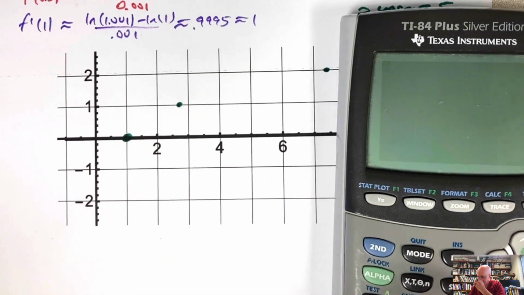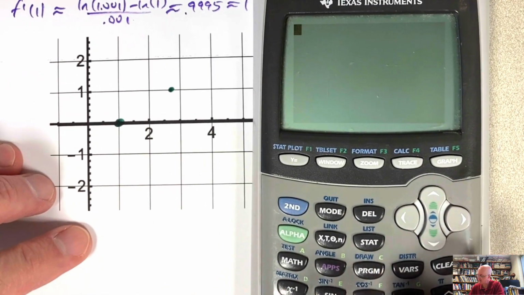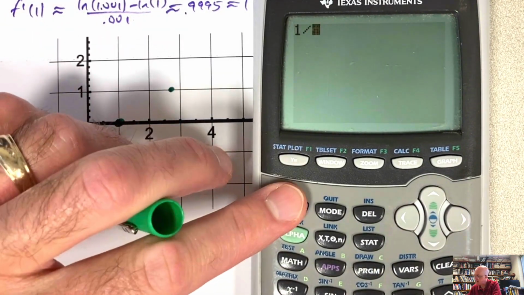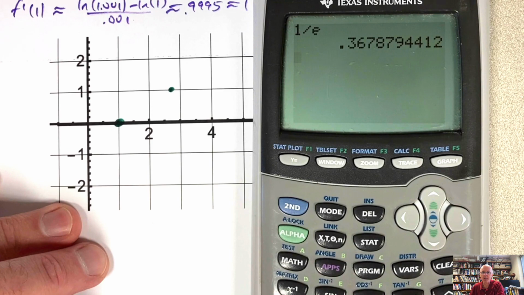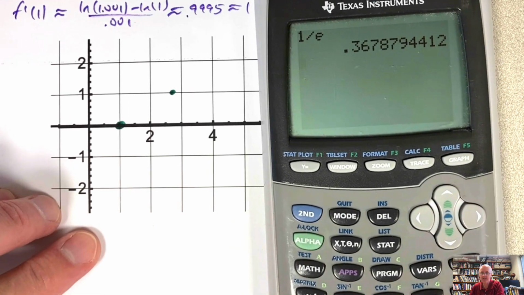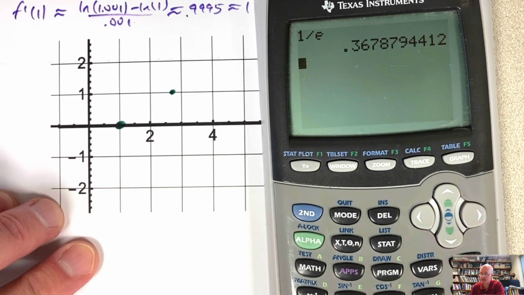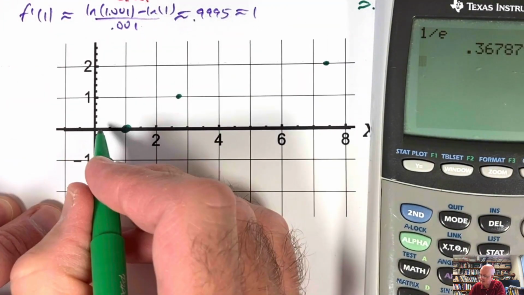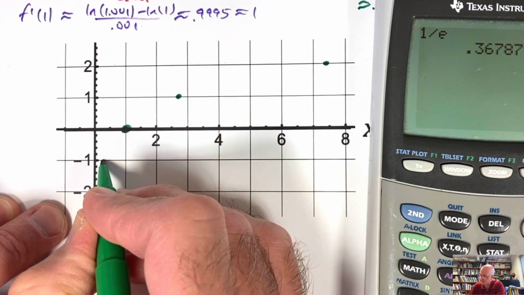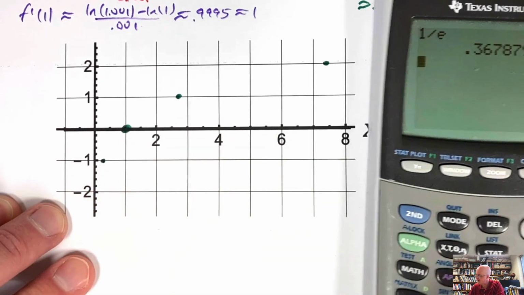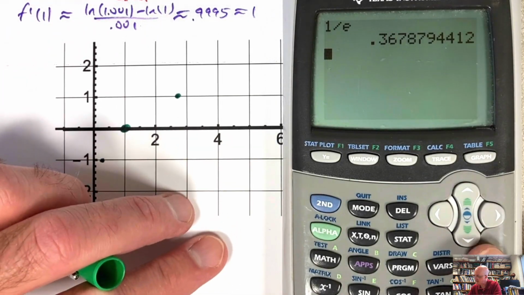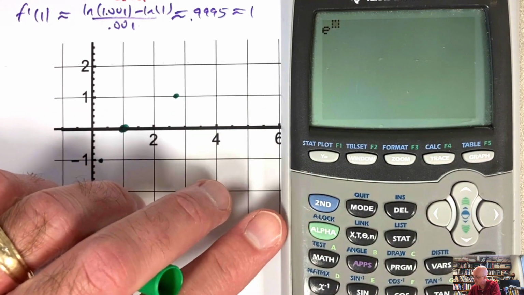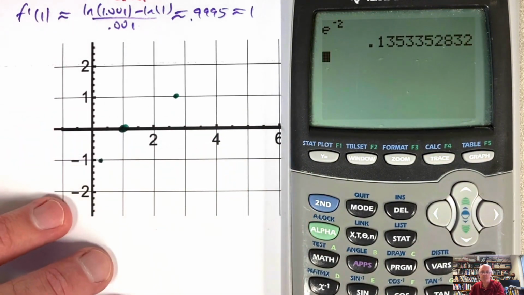When x is e to the negative 1 power, 1 over e, which is about 0.37, ln of e to the negative 1 power is negative 1. So when the input is about 0.37, the output's about negative 1. 1 over e squared, or in other words, e to the negative 2 power, is about 0.135.